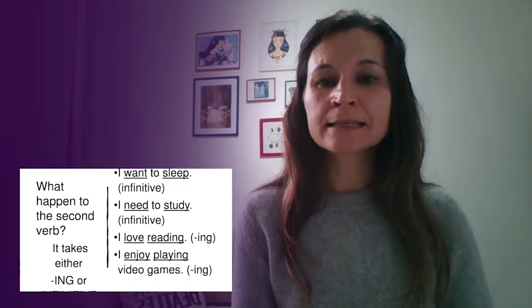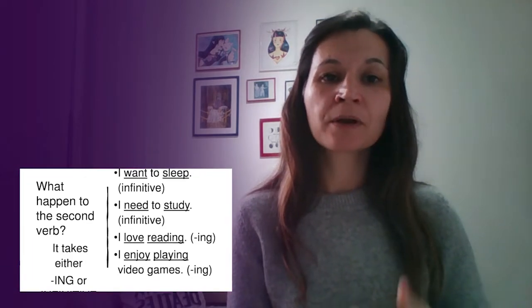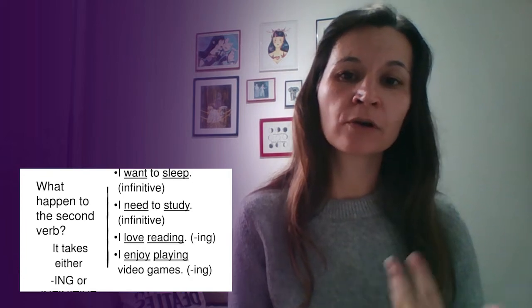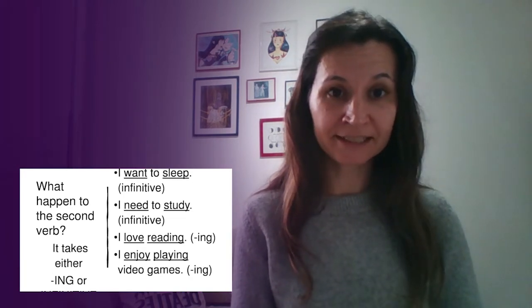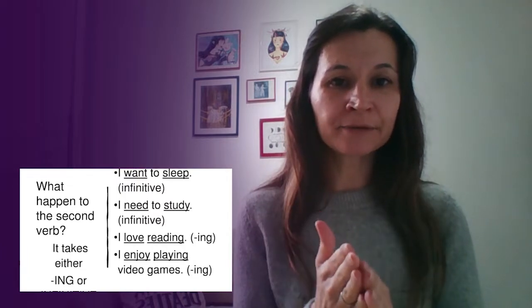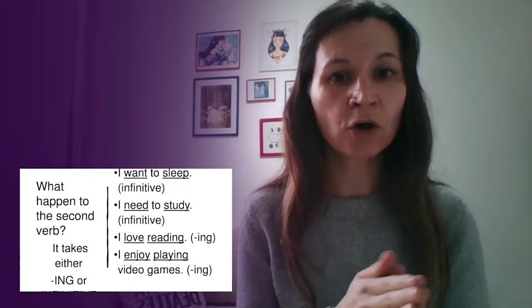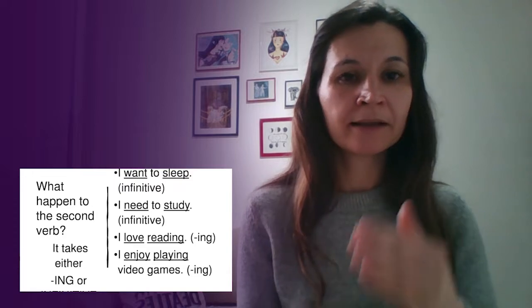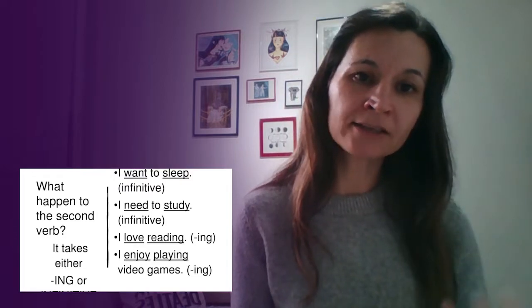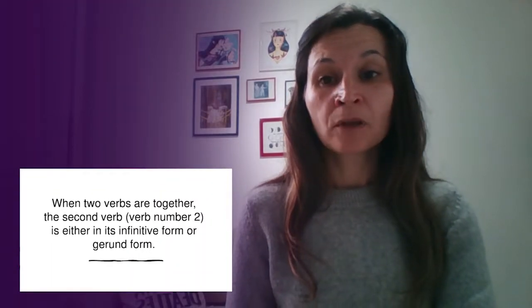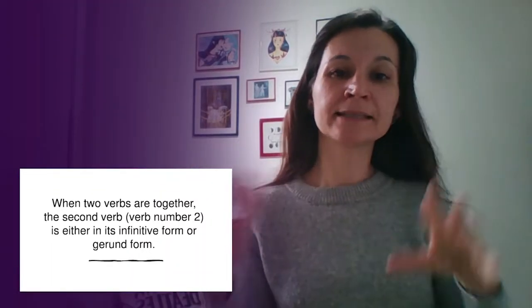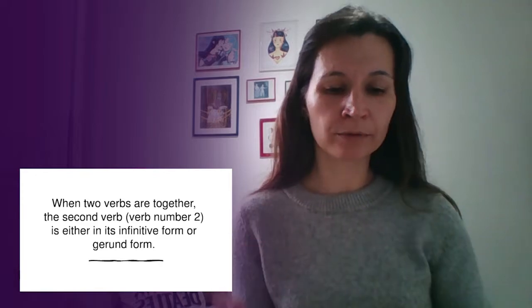Sometimes some verbs will always ask for ing, and some verbs will always ask for infinitive. It's a characteristic of the verbs to require ing or infinitive, and we need to remember them. When the two verbs are together, the second will take ing or infinitive.